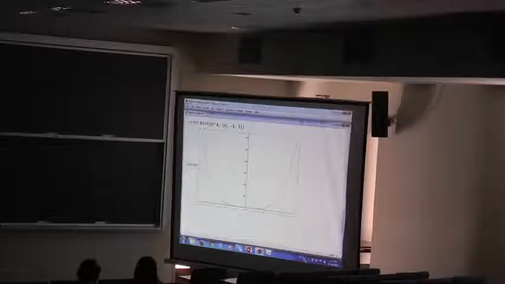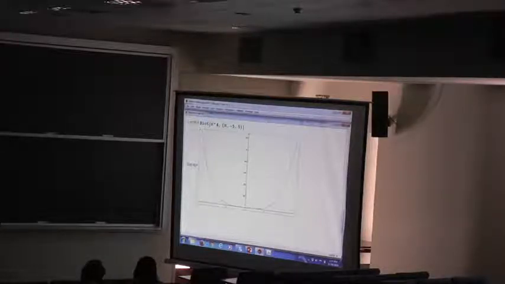So this is my free energy curve over there. On the horizontal axis I have the magnetization, and on the vertical axis I have the free energy. So the free energy is minimized at m equals 0. So the minimum of this function is m equals 0.